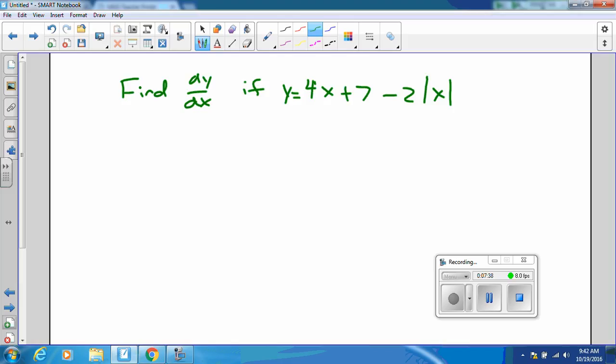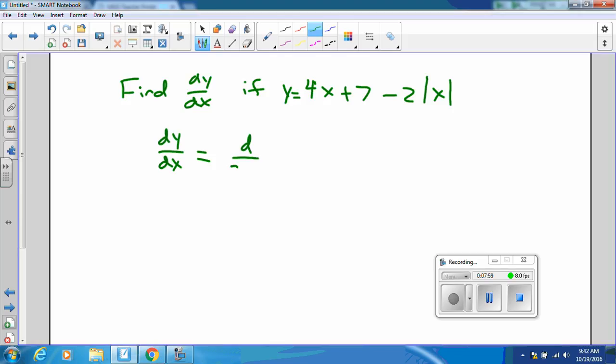Thank you. In terms of notation, I'm first of all going to say dy/dx equals, because they told me to find dy/dx. This is like that old rule: if you have to answer a question, you start off by saying, what is your name? My name is. So this is find dy/dx, dy/dx is.